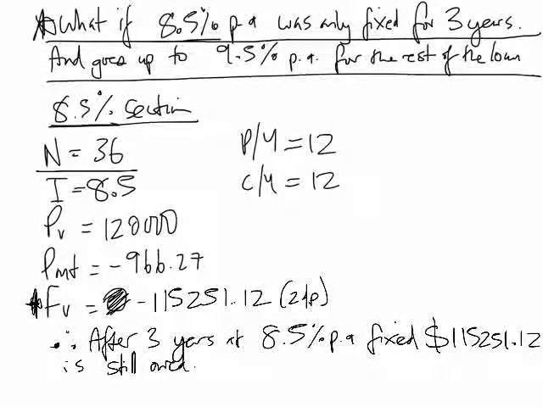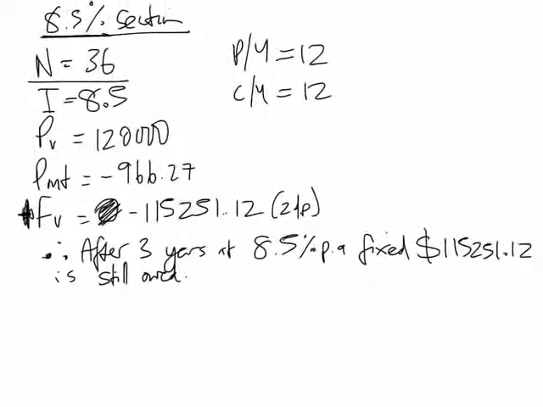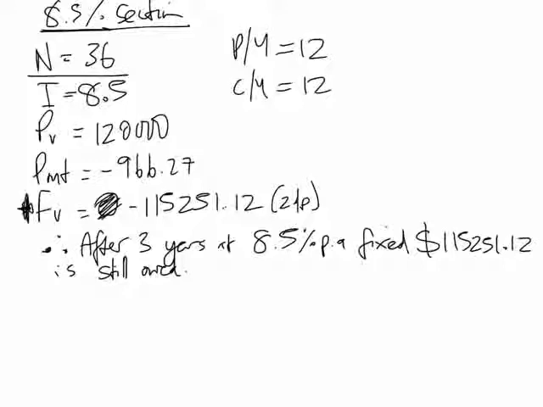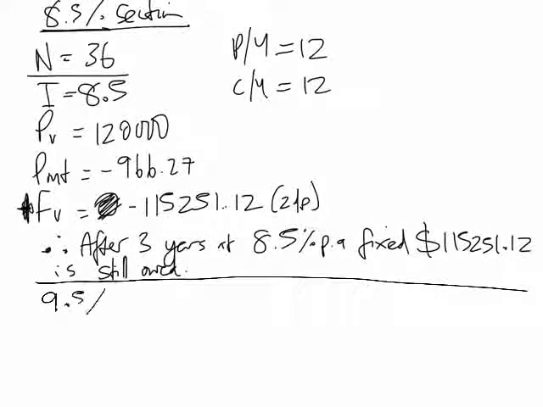And now that lets us work out the remaining situation. Now this is for the higher interest rate that happens after the 3rd year, the 9.5% section. Well, now we're basically going to do a home loan that is paying off the remaining amount of money at this new interest rate.